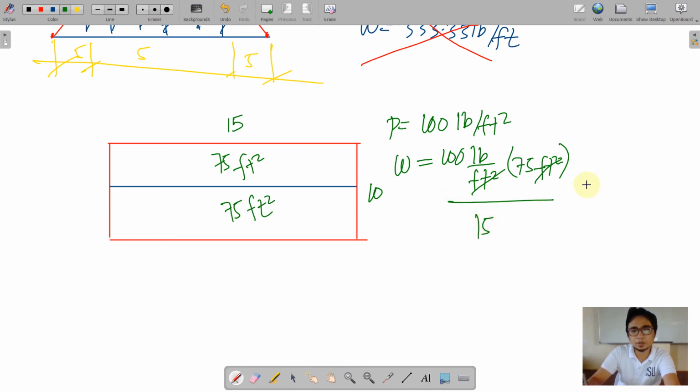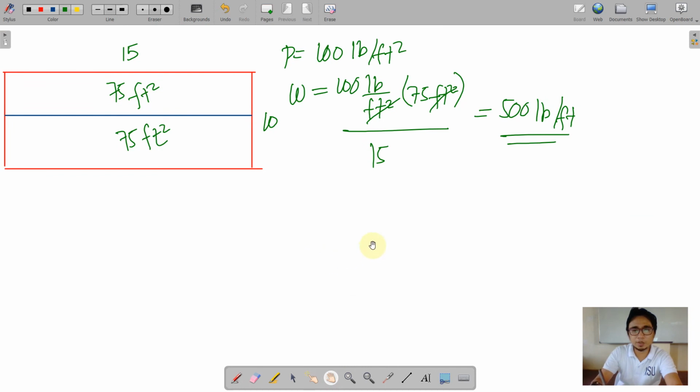So basically, 100 times 75 divided by 15 is 500. So this is 500 pounds per feet, which is actually the correct peak value for W.